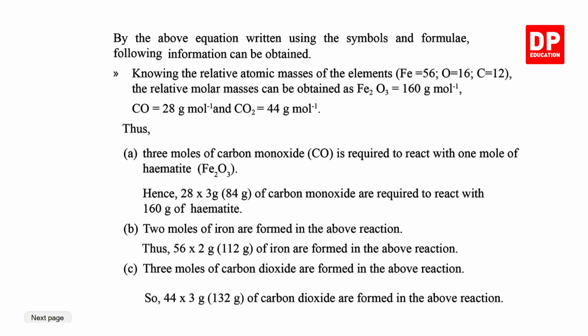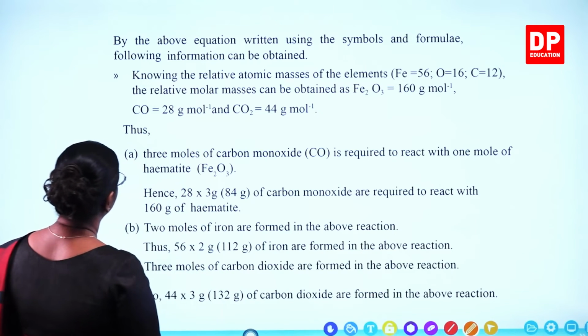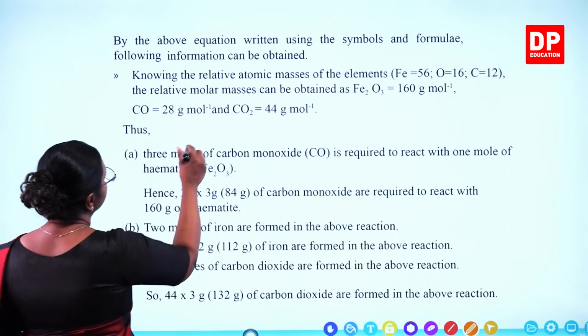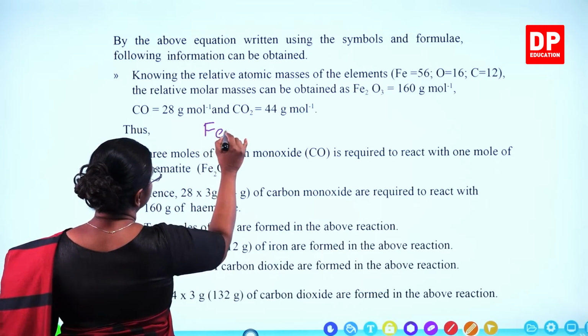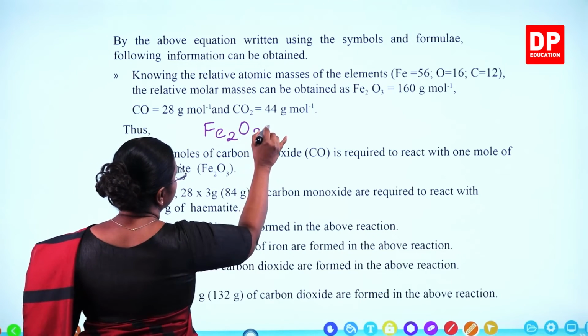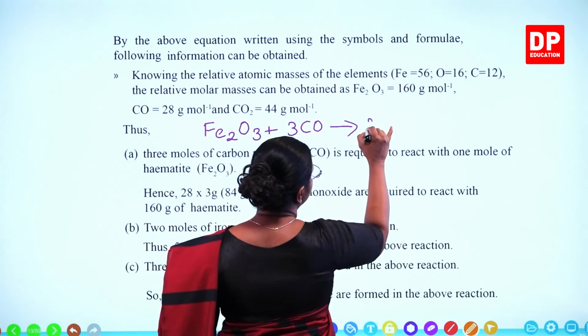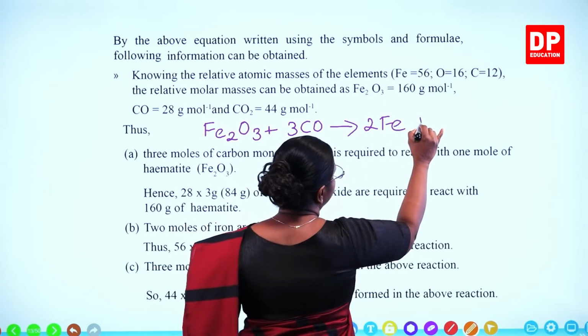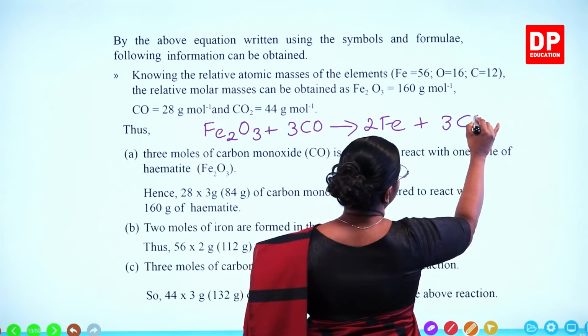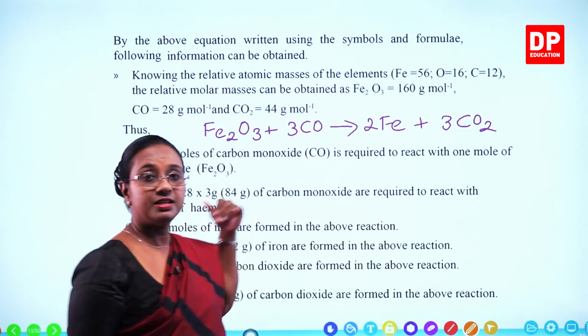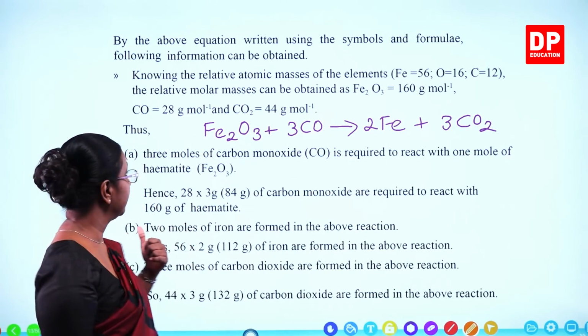By the above equation written using the symbols and formulae, the following information can be obtained. So here I will write the equation again: Fe2O3 plus 3 CO gives 2 Fe plus 3 CO2. That was the reaction given in the previous slide.